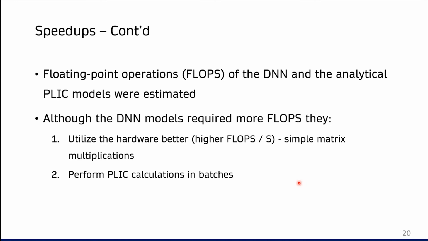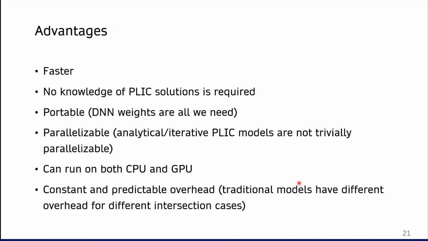With the neural network, it's just simply a matrix multiplication. Another reason for the speedup is that the neural network can do the calculation in batches, which is not possible using conventional techniques.